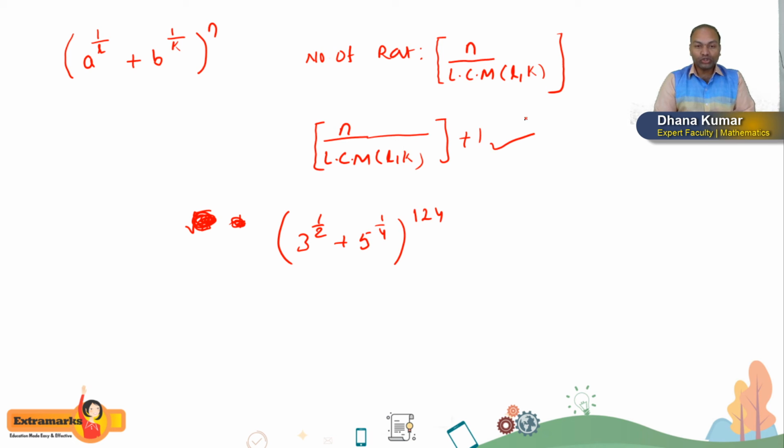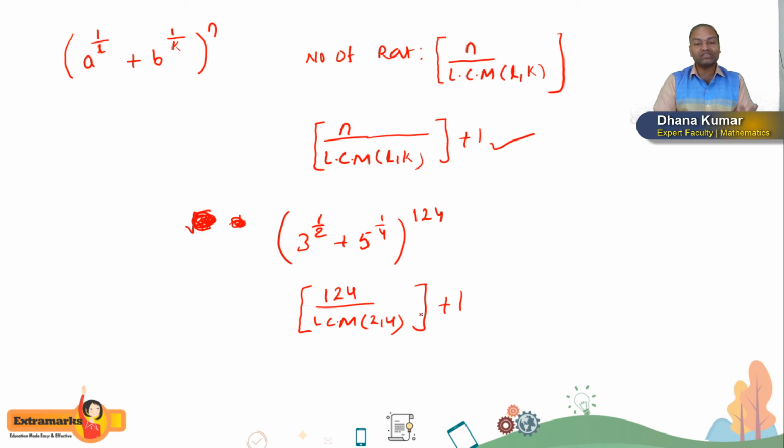So using the second formula, you observe this one. Step of 124 by LCM of 2 comma 4, plus 1. LCM of 2 comma 4 is 4. So 124 by 4 is 31.